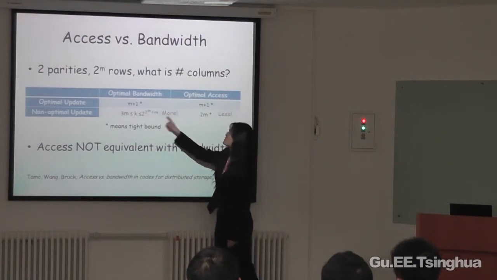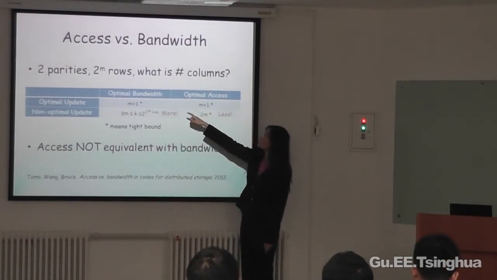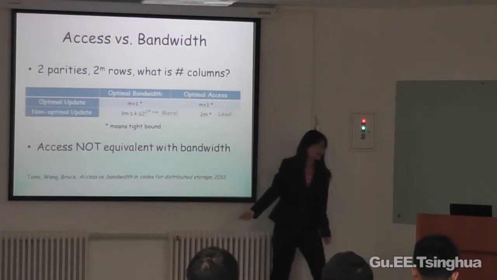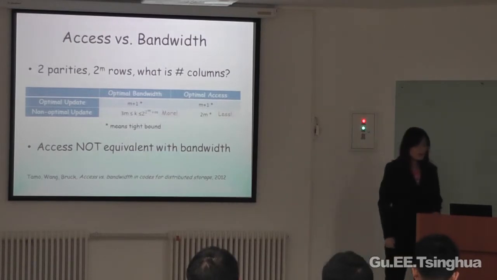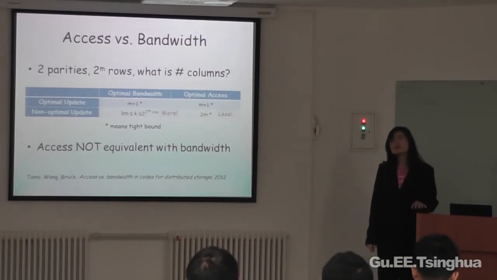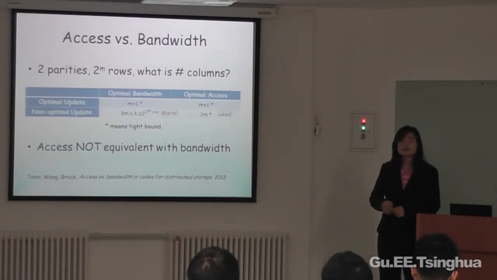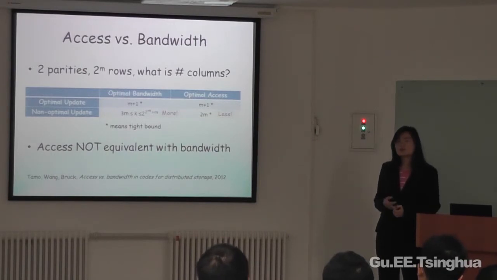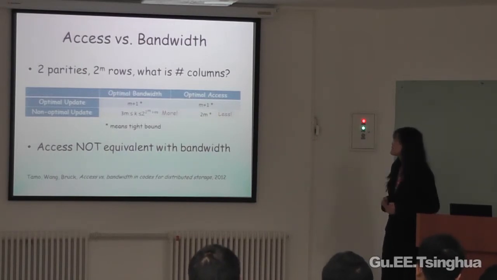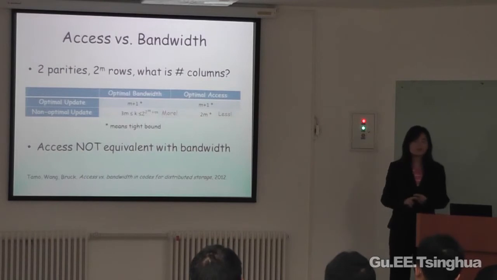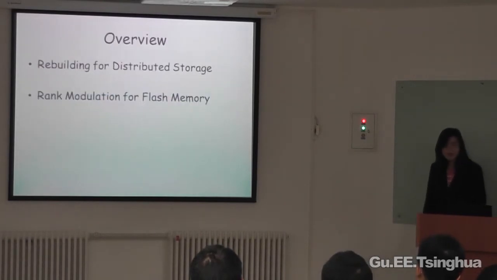But in this case, access and bandwidth are not equivalent. We noticed that many earlier constructions aimed at optimal bandwidth actually also achieved optimal access. But this result showed that these 2 metrics are not the same.